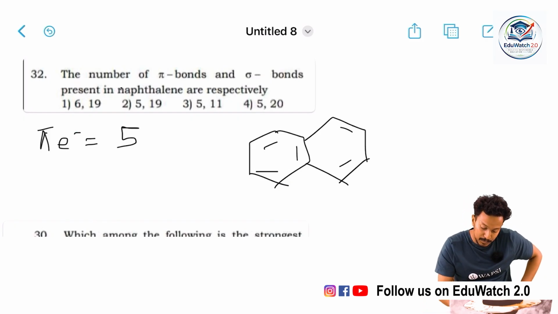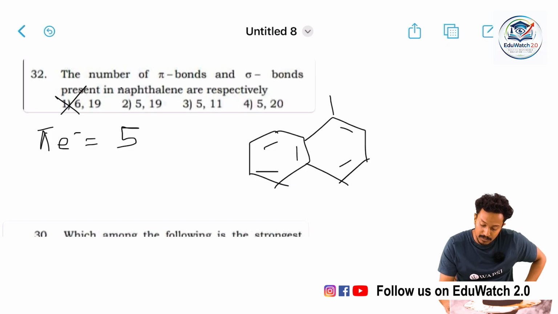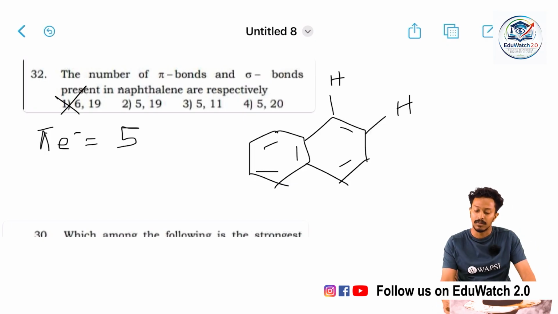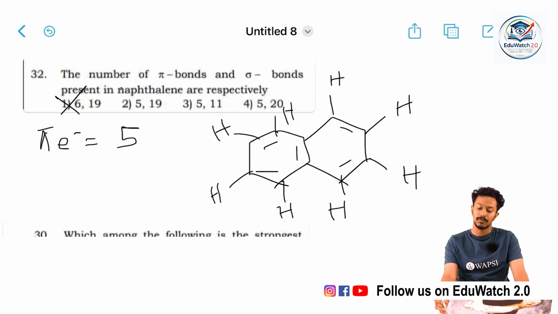We could rule out option 1 because it says 6 pi bonds. Now we will be calculating the number of sigma bonds present in naphthalene. There is a hydrogen on every carbon present here. Therefore, there are 8 C-H sigma bonds.